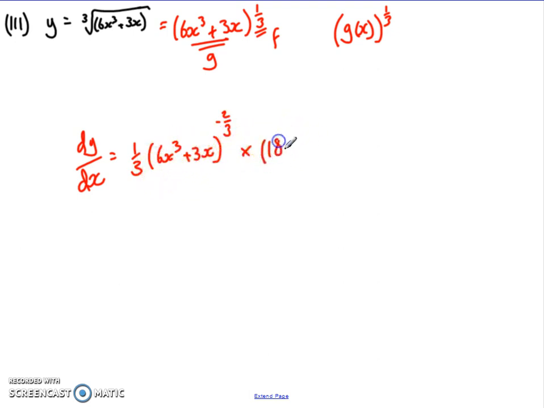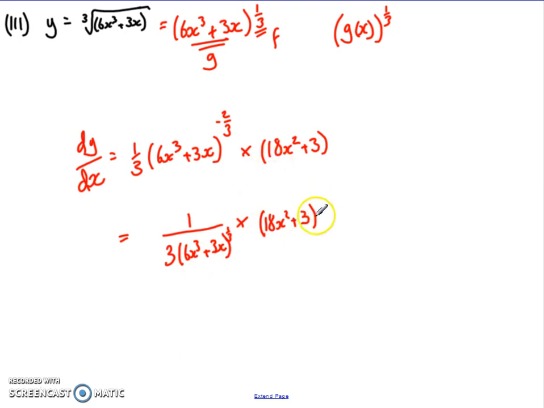So in this case, that's 18x squared plus 3. Now we're at a stage where we simplify. Now remember, negative in this here, we don't like that a lot, so let's change that. That becomes 1 over 3 bracket 6x cubed plus 3x to the 1/3 times by this, so times by the 18x squared plus 3.